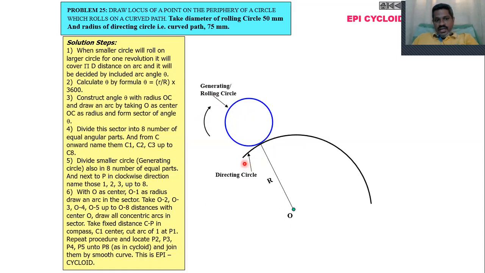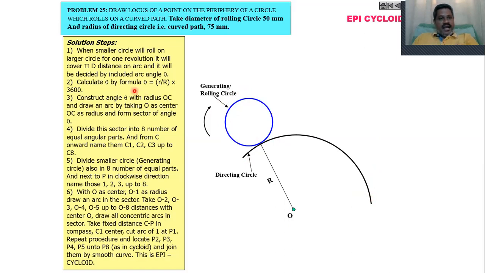Because this circle is rolling along an angular path, we require the angle of the sector, since on this sector the generating circle is rolling without slipping. We also need to know how much angle this rolling circle needs to rotate.